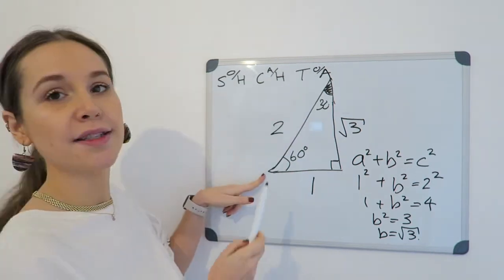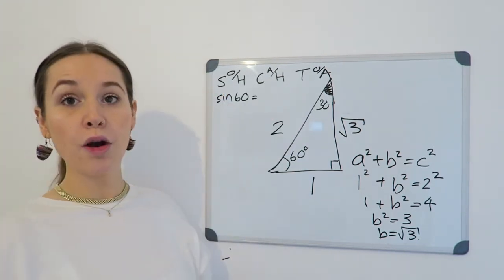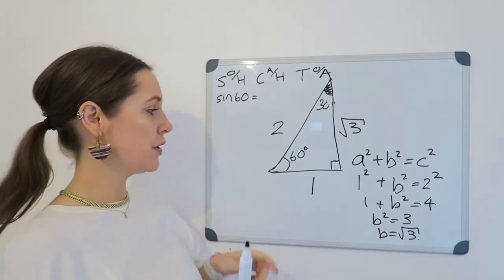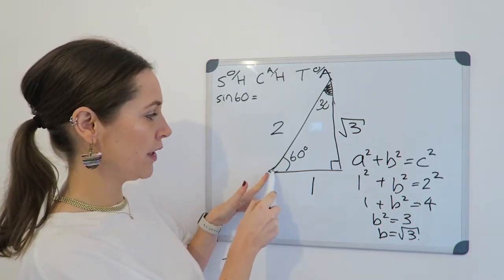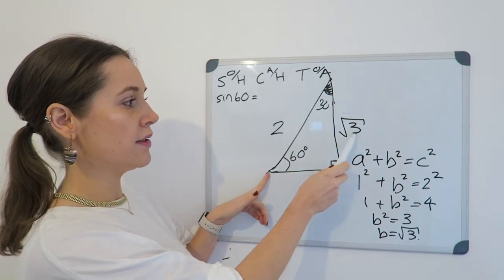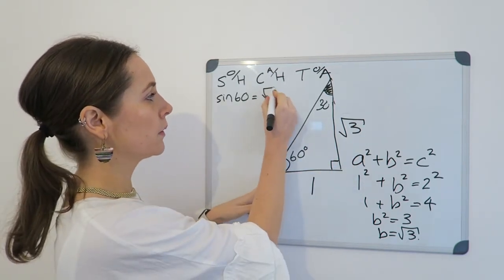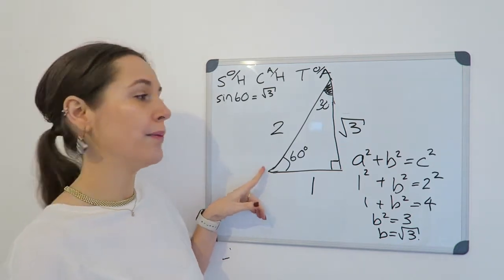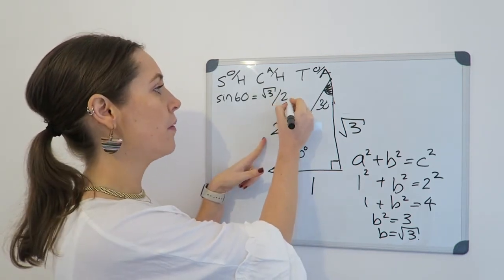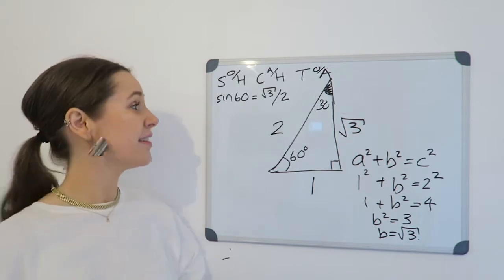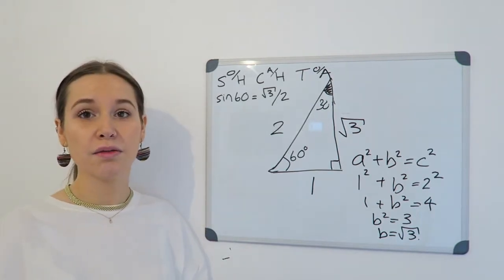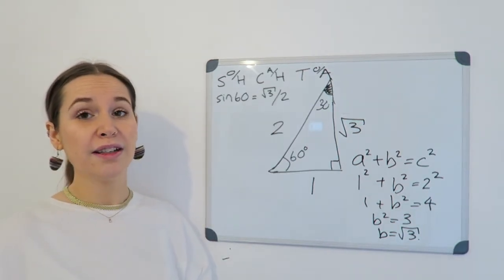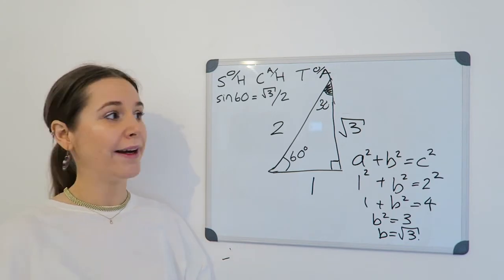If we look at sine 60, this is going to be equal to the opposite divided by the hypotenuse. So looking here from the angle, the opposite is going to be the square root of 3. And the hypotenuse, which we're dividing by here, is going to be 2. So we worked out here that sine of 60 is equal to the square root of 3 over 2. Now, that's pretty cool that we've managed to work that out.